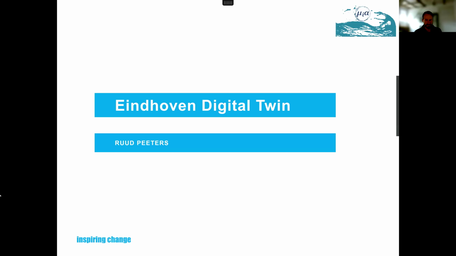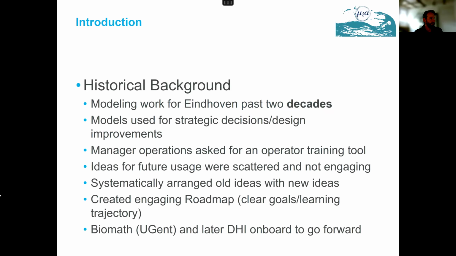So a bit of historical background. We have been using modeling for almost 2 decades now. We normally used it just for design optimizations, so there was, of course, no dynamic modeling involved.